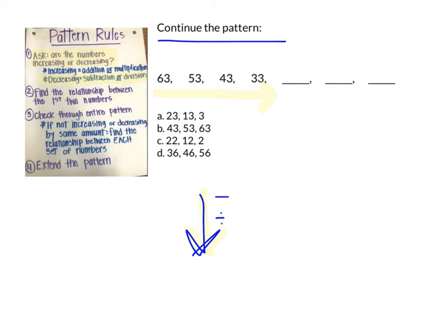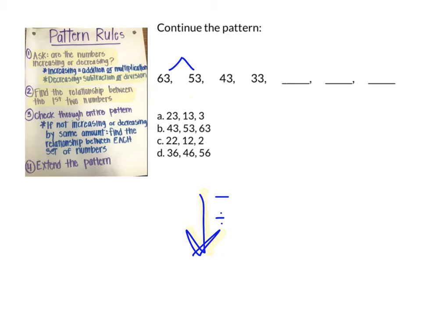All right, so looking at our second step, we need to find the relationship between the first two numbers to start figuring out our rule. So our first two numbers, 63 and 53. We're going to either subtract or divide to get from 63 to 53. So first thing I'm thinking about is division.